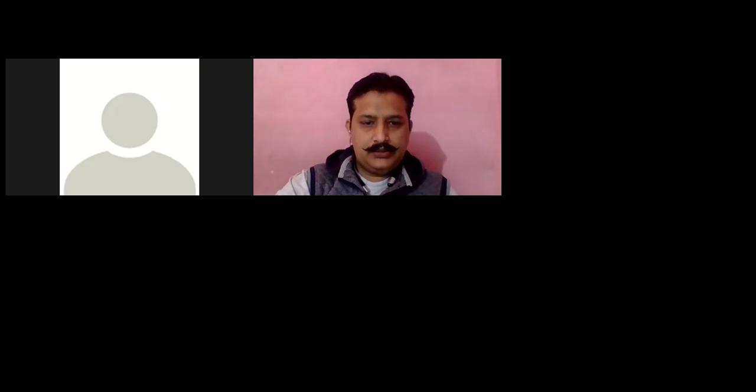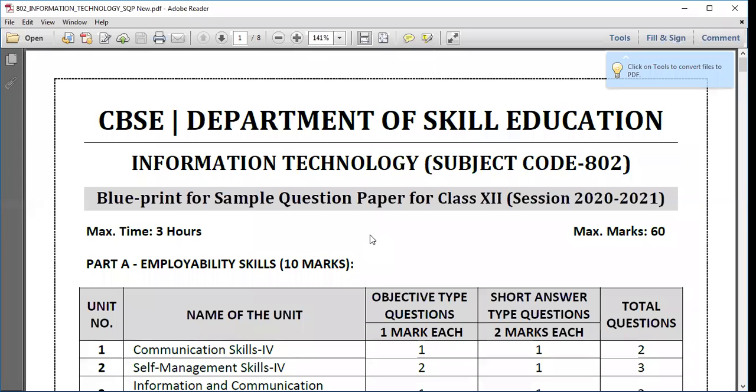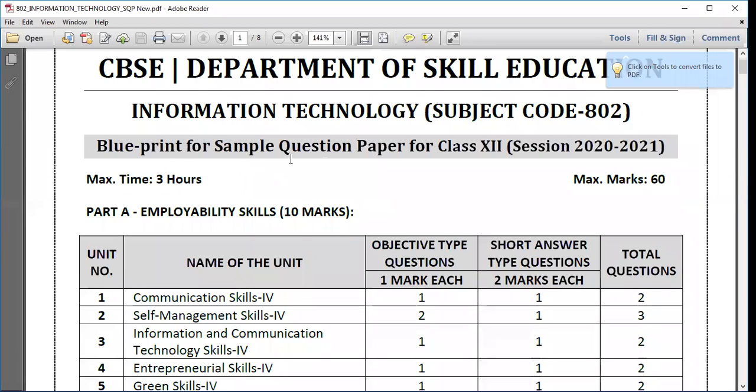See, as per the CBSE latest change, there is a change in the pattern of exams, right? So, where is that file? Oh, here. This is the pattern blueprint given by the CBSE this year.